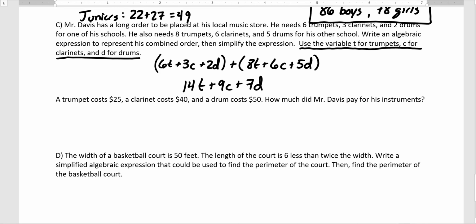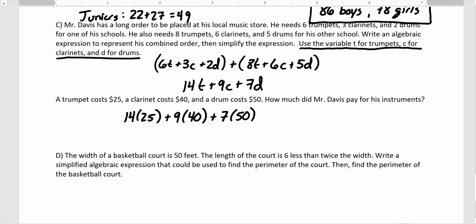All right, now a trumpet costs $25, a clarinet costs $40, and a drum costs $50. How much money did Mr. Davis pay for the instruments? So I'd plug in 25 for T, 40 for C, and 50 for D. So 14 times 25.